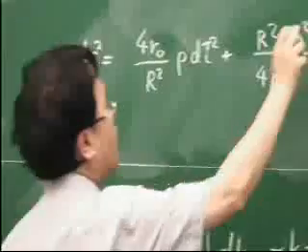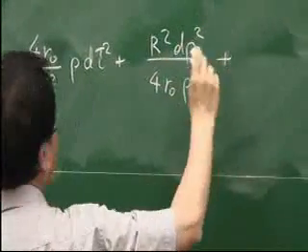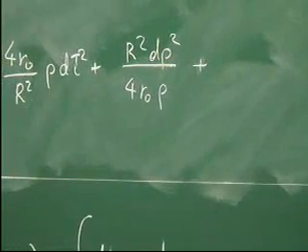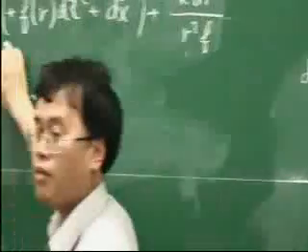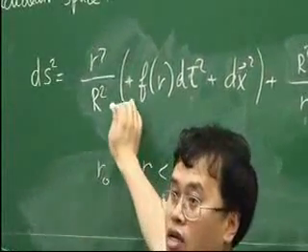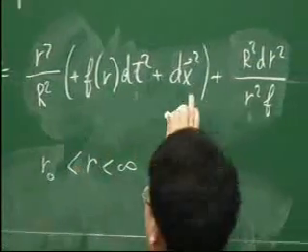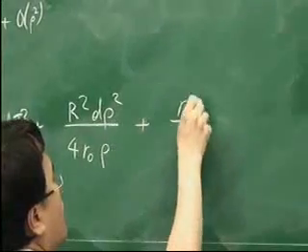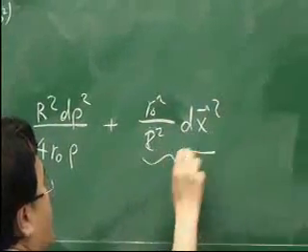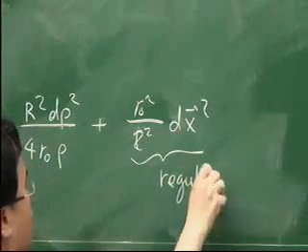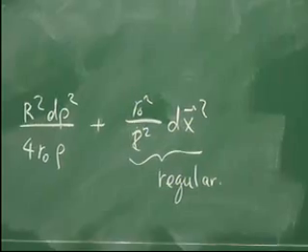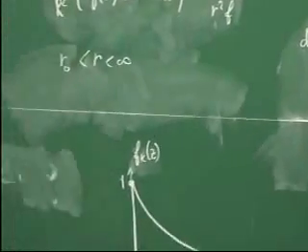The x part is just R naught divided by R squared, dx squared, so this one is regular. What is more interesting are the parts of the metric where the component goes either to 0 or to infinity.